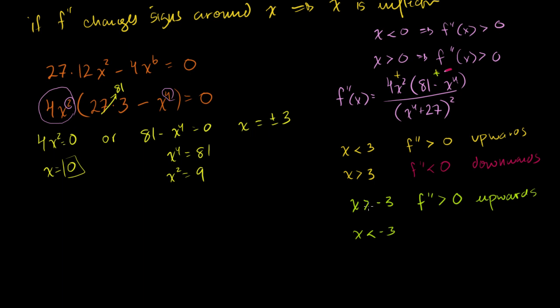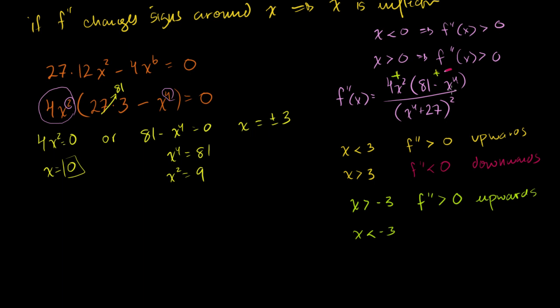Remember, when I write this, I don't mean for all x's larger than negative 3 or all x's smaller than negative 3. I can't think of the notation that would say just as we approach 3, in this case, from the left. But what happens if we just go to minus 3.1? Or 3.01, I guess, is a better one, or 3.1. Well, this term right here is going to be positive.